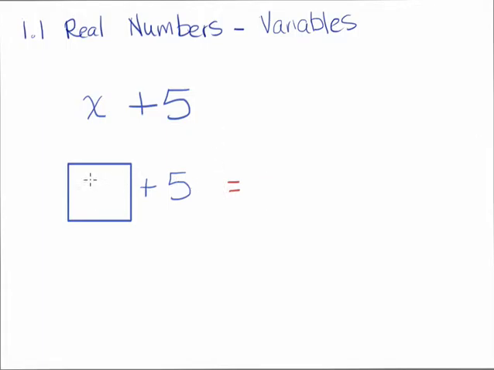But if X is 7, then the answer is 12. What's happening here is that as I choose different values for X, the value varies. So we call X a variable because it's standing in for the value here, which is varying according to the problem.